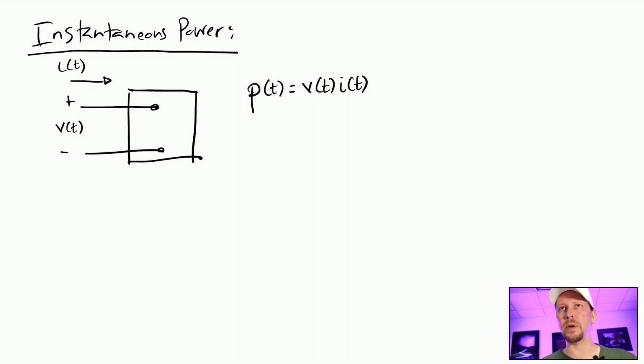Now, the type of power that we want to deal with is sinusoidal steady state power. So both the voltage and the current in general can take on the following forms.